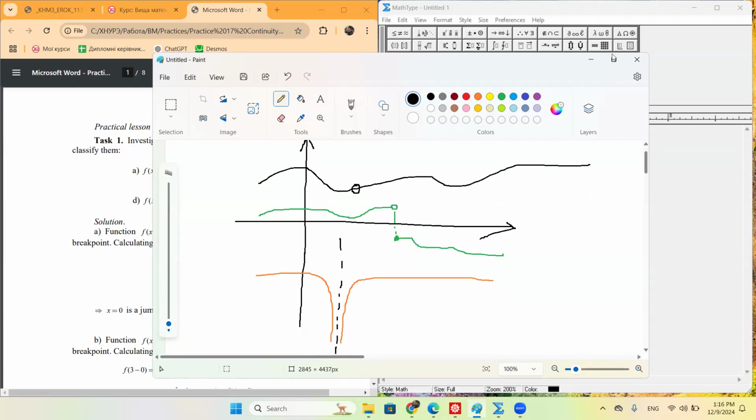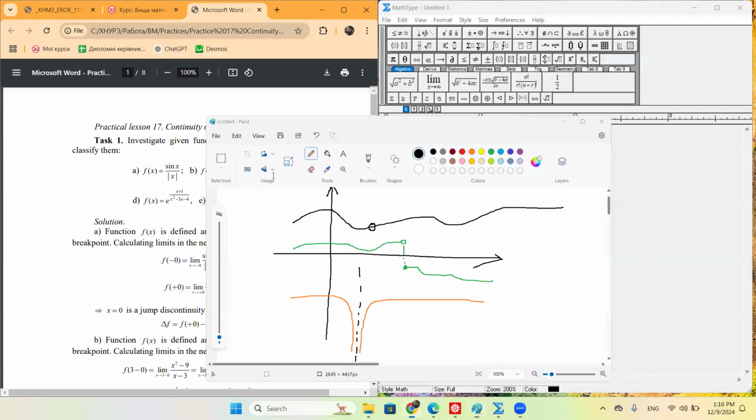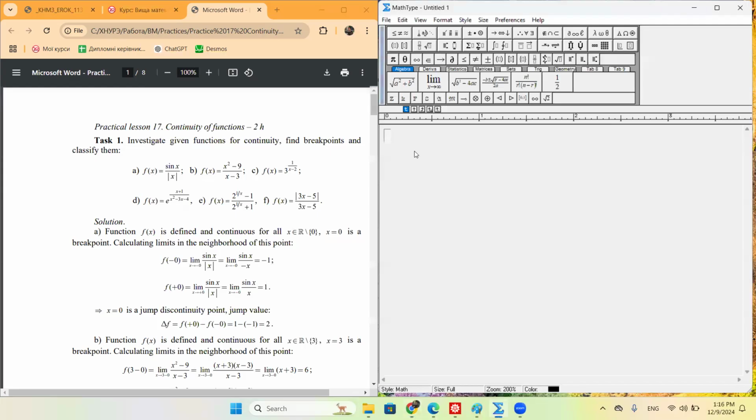No. Okay, if there are no questions, let's practice. The first example, task number 1. We need to investigate the function sine of x divided by modulo of x.